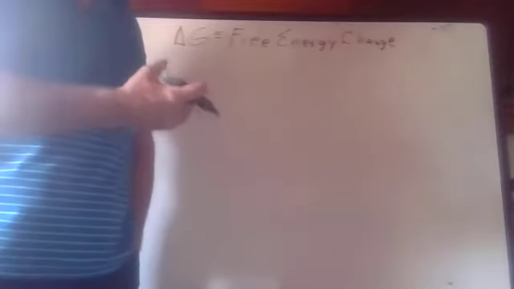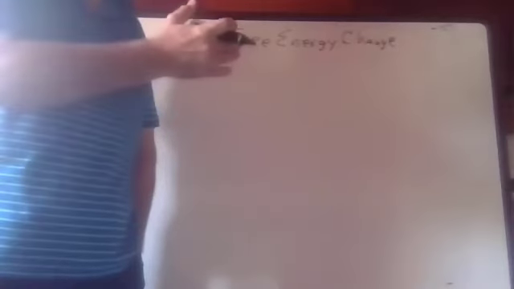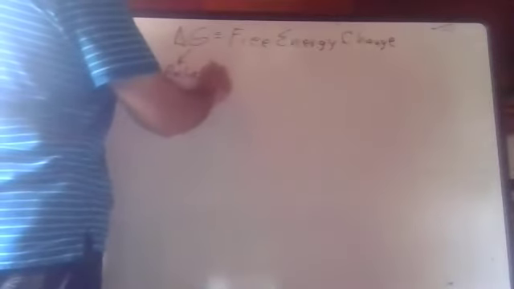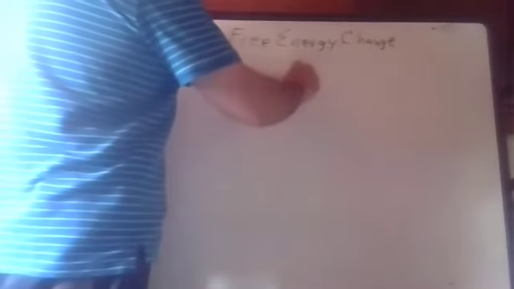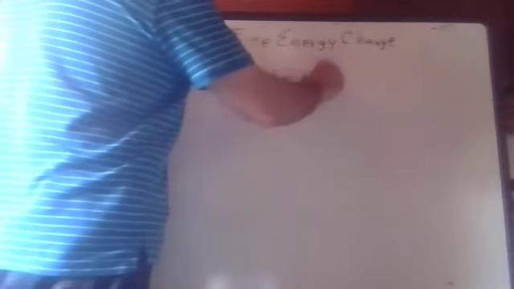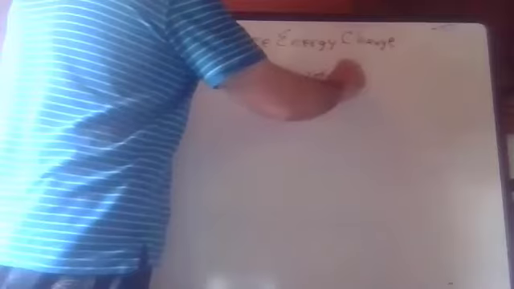So it could be the potential energy you have in a chemical reaction before anything reacts, or even along the way as a reaction occurs, what kind of potential is there. So it's related to energy.